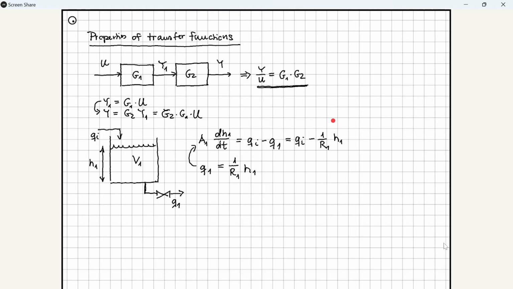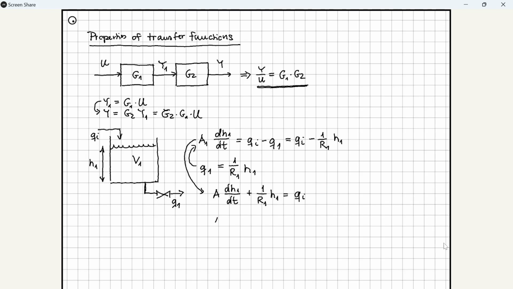And now I can bring this H1 to the other side, and I get A1 dH1 divided by dt plus 1 over R1 times H1 equals Qi. So in the Laplace domain, I would do a Laplace transform.